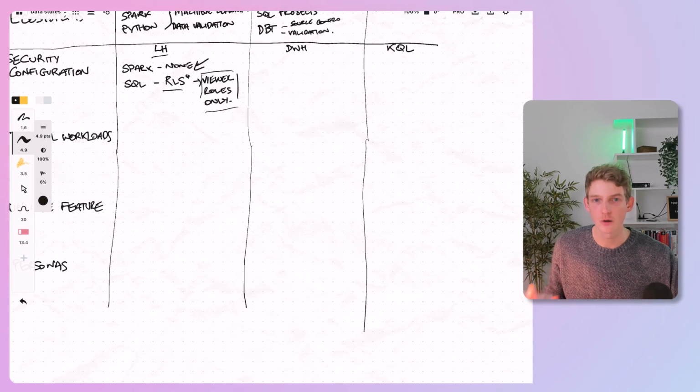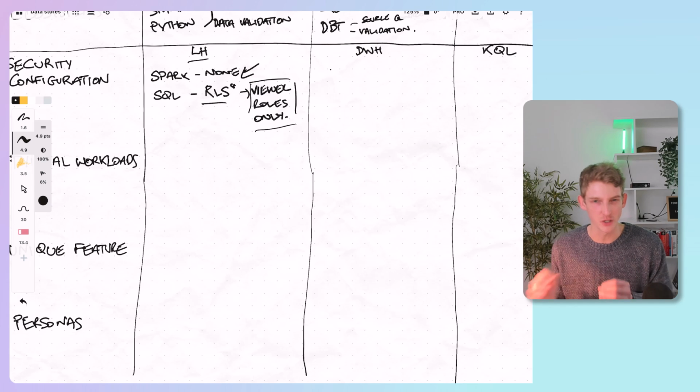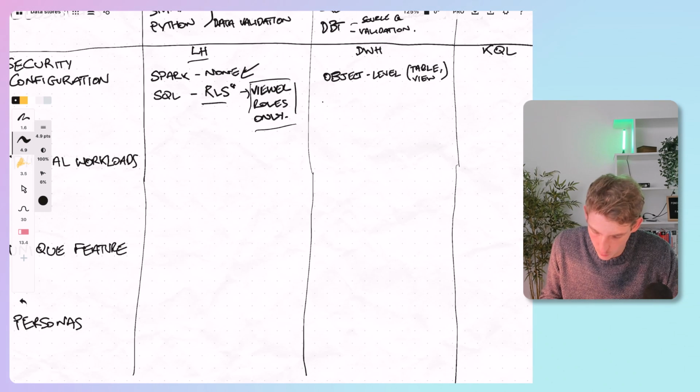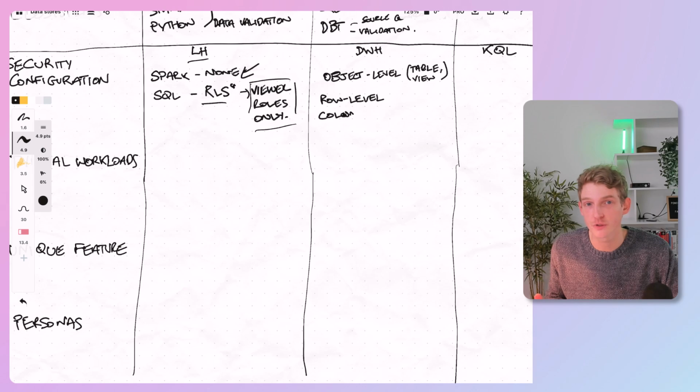Now in the data warehouse, there's a lot more options for granularity in terms of what we can share with people. So we can share at the object level, which is a specific table, a specific view, for example. We can also do row level security. We can also do column level security. So if you want to hide particular columns from particular users or groups, then that is possible in the data warehouse.